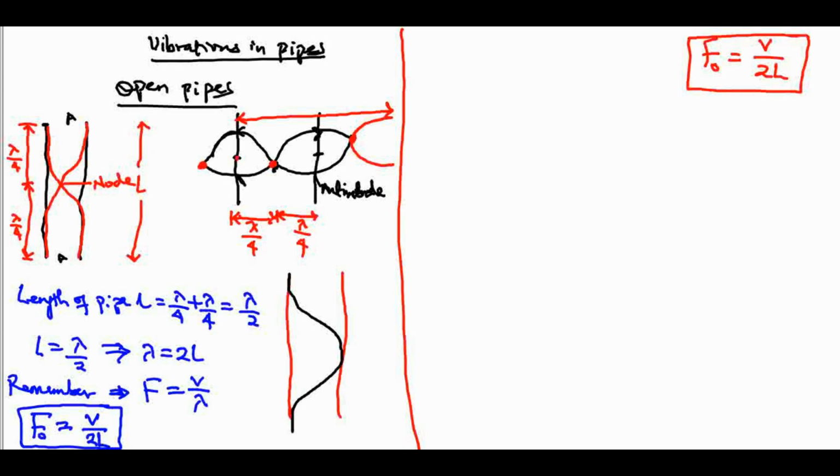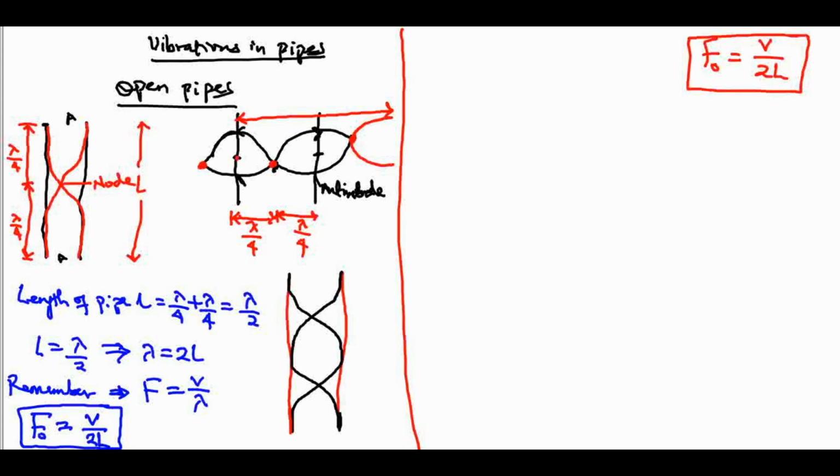Remember, for an open pipe, you are always going to start with an antinode and you're going to end with an antinode. Whereas if you're dealing with a closed pipe, you're going to start with an antinode at the open side of the closed pipe and you're going to end with a node at the closed side.